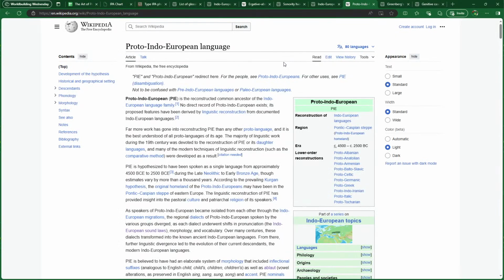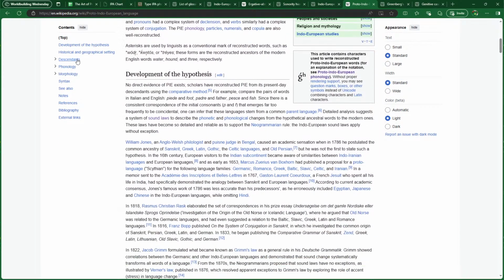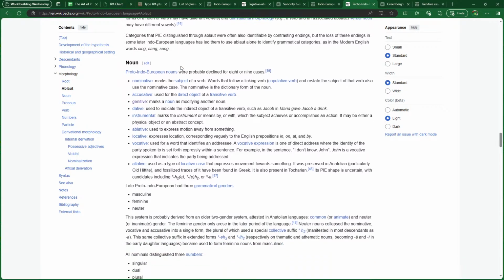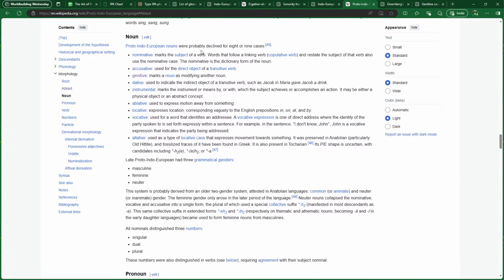Let's check out what other cases, right? Okay. Probably declined for 8 or 9 cases. Nominative, accusative, genitive, dative, instrumental, ablative, locative, vocative, and allative.